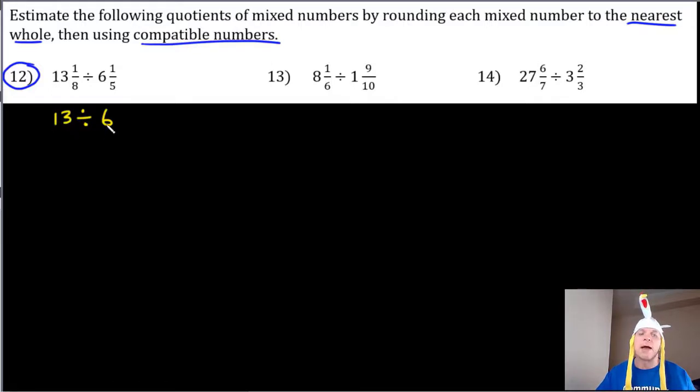We can just adjust either one or both of these slightly in order to get a nice whole number quotient. It's easy to change this dividend from 13 to 12 in order to create compatible numbers here, because 12 divided by 6 is 2. So there are approximately 2 6 and 1/5 in 13 and 1/8.